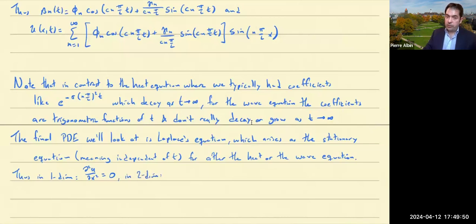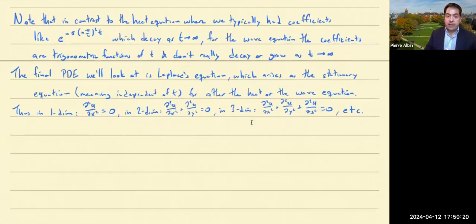In two dimensions, the Laplace equation would say two derivatives with respect to x plus two derivatives with respect to y is equal to 0. In three dimensions, you would have two derivatives with respect to x plus two derivatives with respect to y plus two derivatives with respect to z equal to 0, etc. This is an extremely important equation in both mathematics and physics.